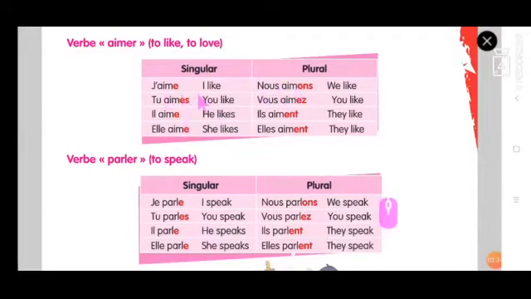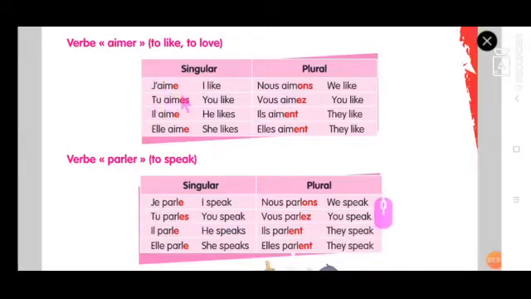J'aime, I like. If you see this, the verb is AIMER. The first thing they did is take out the ER. So what is left out is the radical. The radical is AIM. Then add an E to it to make it a regular ER verb conjugation.